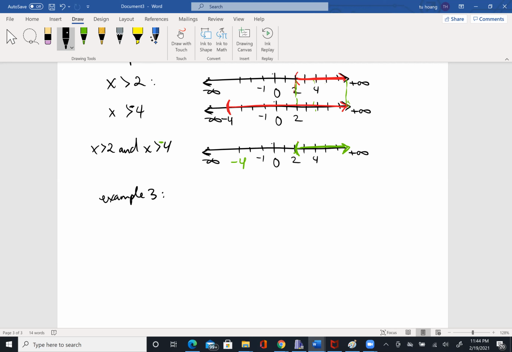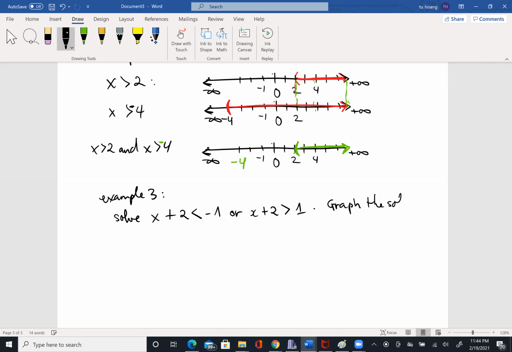So I have: solve x plus 2 less than -1 or x plus 2 greater than 1, and then graph the solution set.